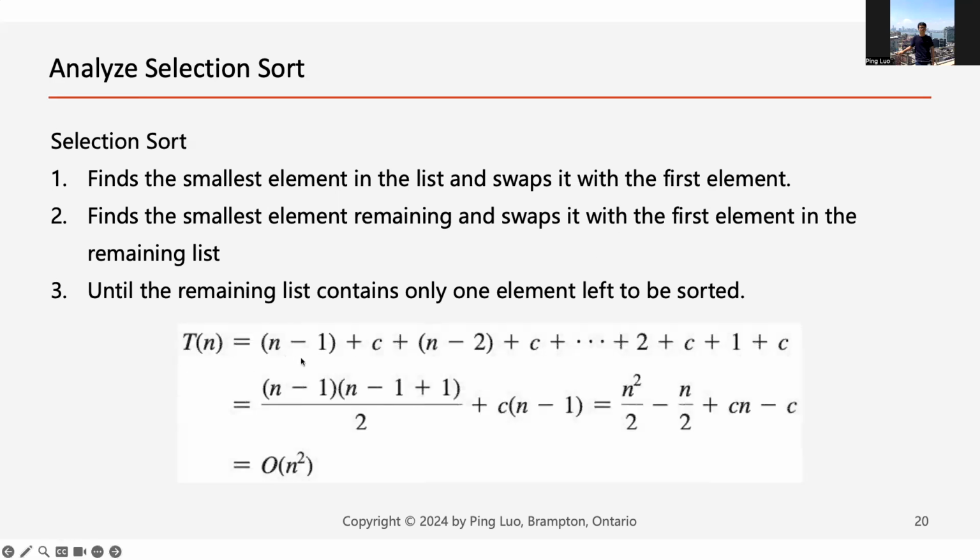Similarly, the first time to find the smallest number, we need to search all n-1 numbers. The second time, we check n-2 numbers and find the smallest one. All the way, we can compute that in total we need O(n) squared time to finish this algorithm.